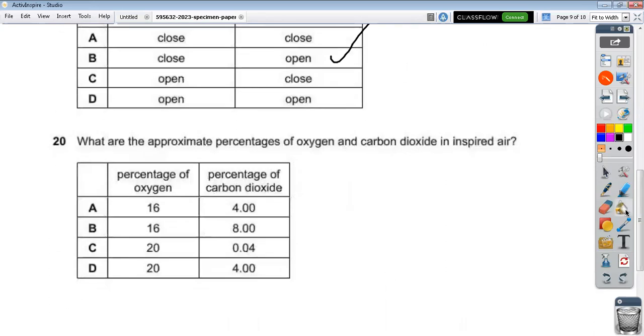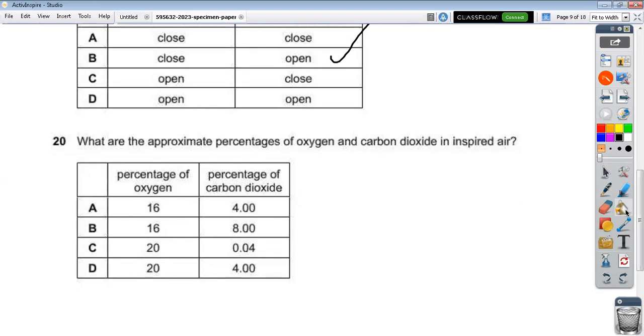Now, what are the appropriate percentages of oxygen and carbon dioxide in inspired air? C. Because I think of the air you're breathing in. Oxygen is 21% in books.